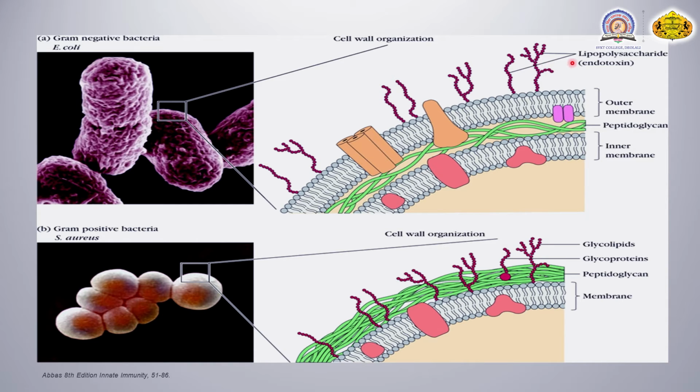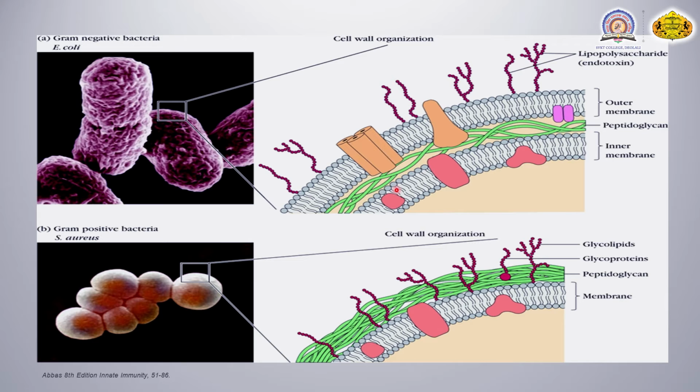This is a lipopolysaccharide, which is a chemical virulence factor produced by this E. coli organism, called an endotoxin. The remaining part is structural proteins which are present in embedded form in the cell wall and cytoplasmic membrane of this E. coli.